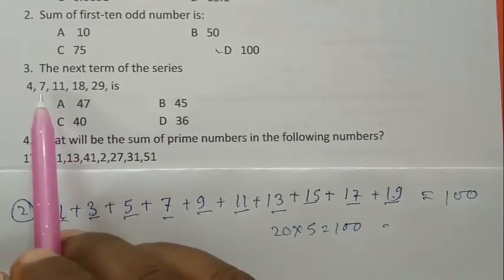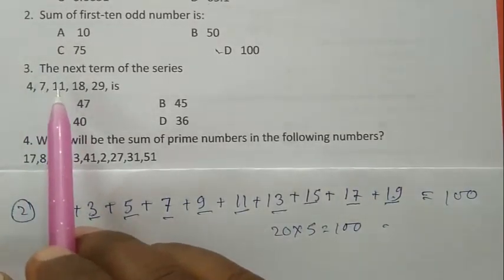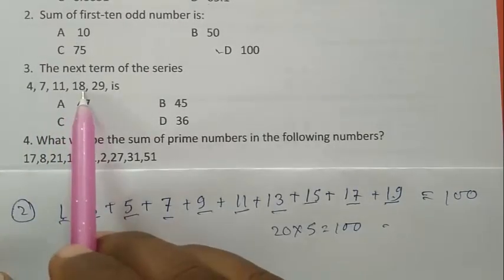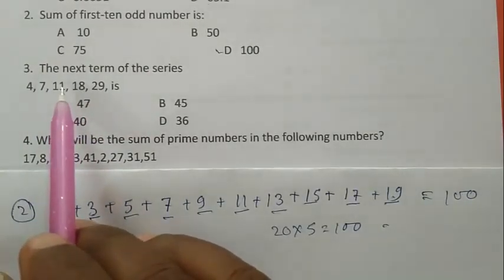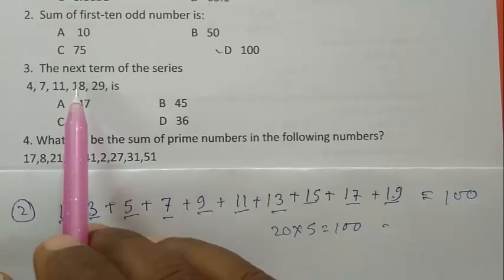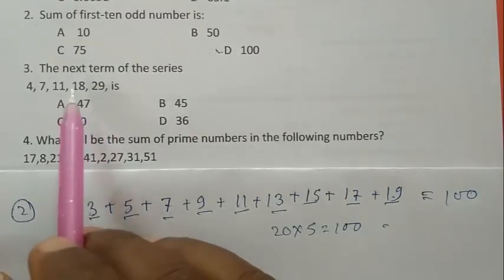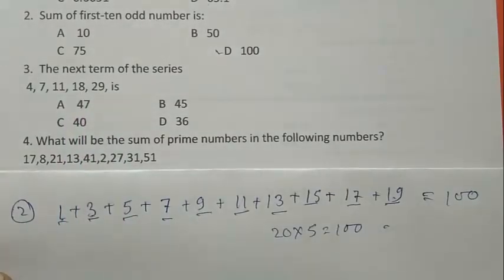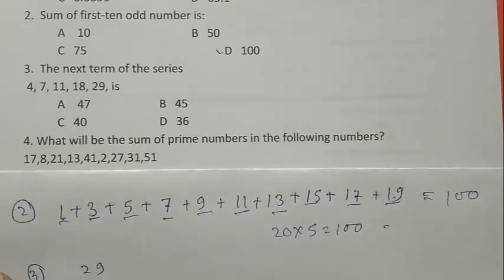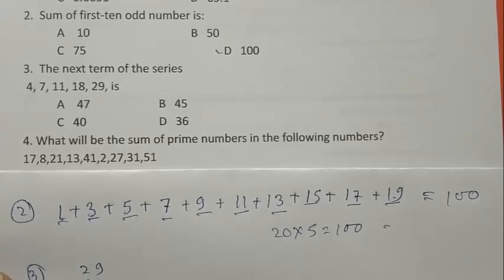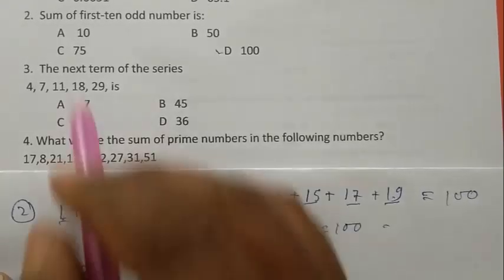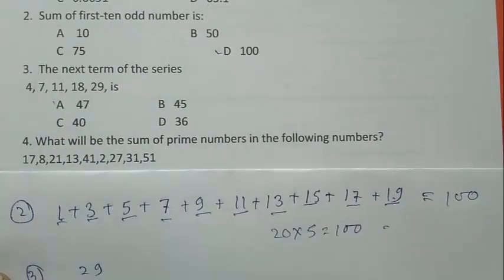After that we add 7 plus 11, we get 18. After that we add 11 with 18, we get 29. So the next term is 29 plus 18, that is 47. So A is the right answer.